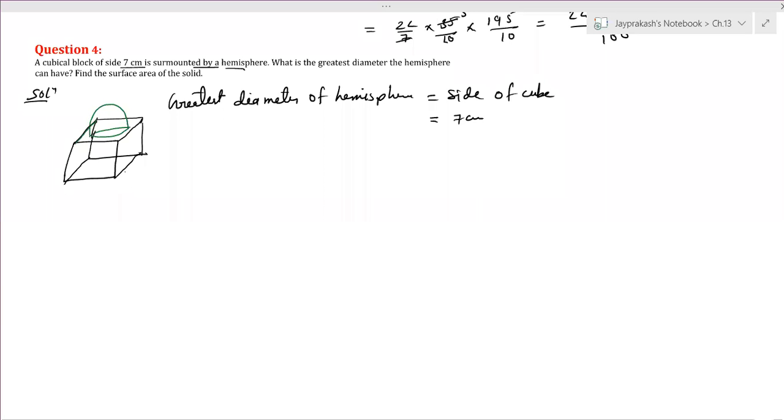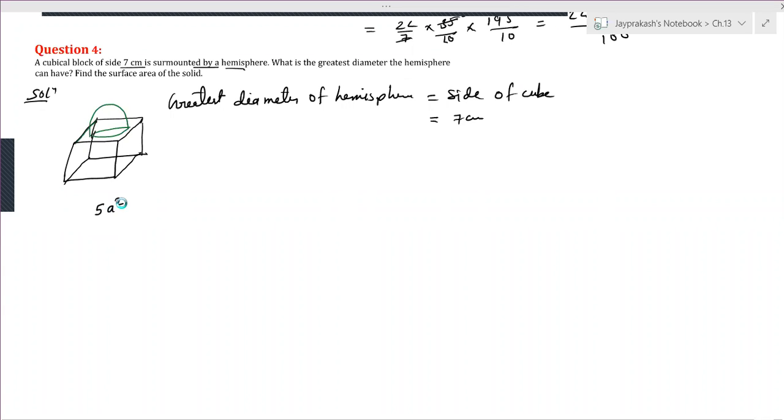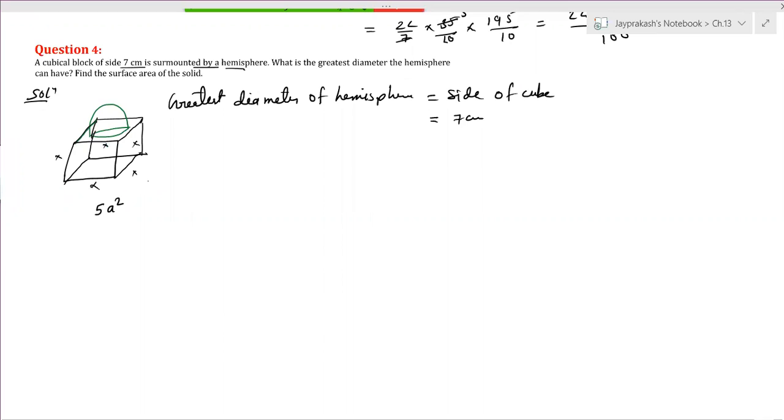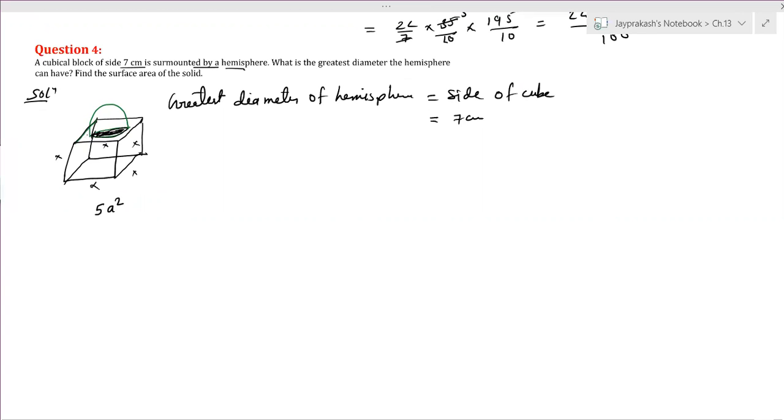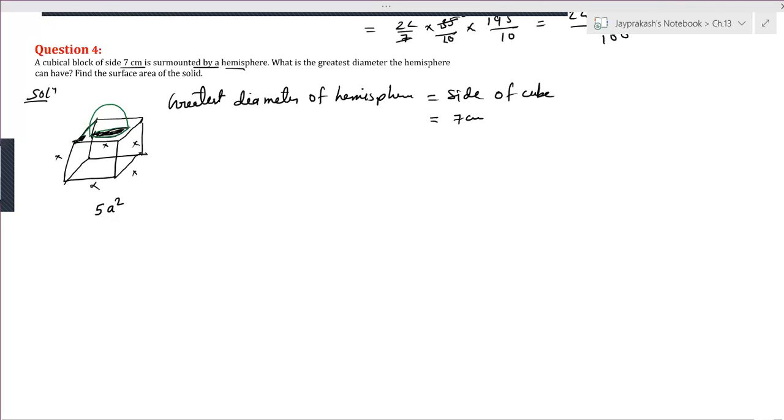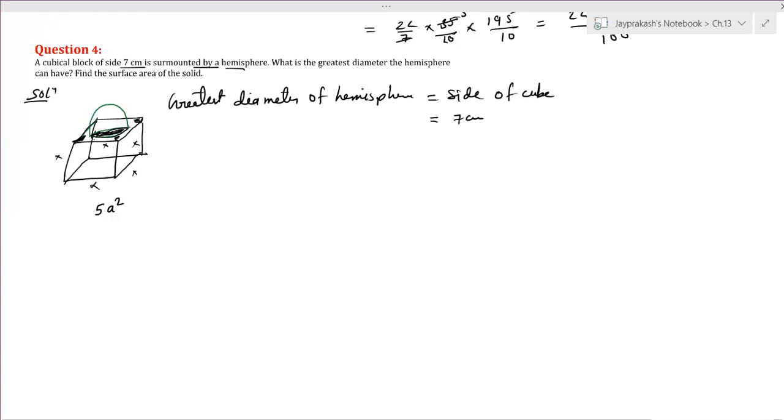Which part can we cover with the hand? Now if I talk about the cube, then we can touch 5 portions of the cube. This is 2, 3, 4, and the back side is 5. But when we reach the top portion, we are not able to touch this circular shape below. When we reach the fifth side, we are able to touch these corners, because however we place the bowl, it will leave the corners.